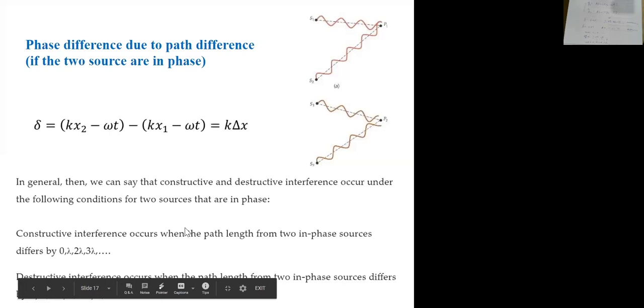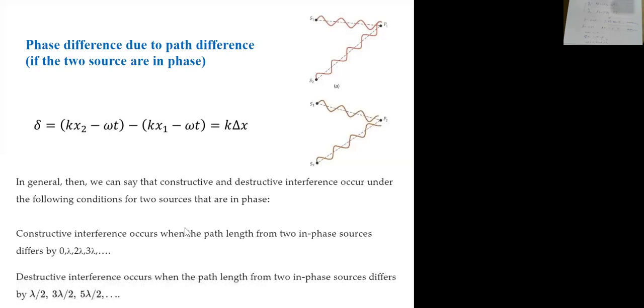Sorry, it's covering that, but the last line on the slide says delta x should be equal to 1/2, 3/2, 5/2, 7/2 of lambdas, etc. So it's basically odd integer numbers times half of lambda. Then you have destructive interference.